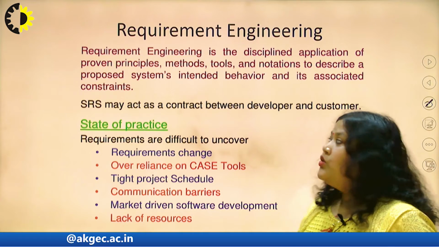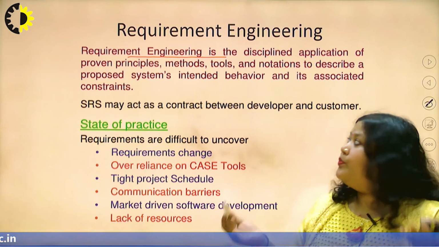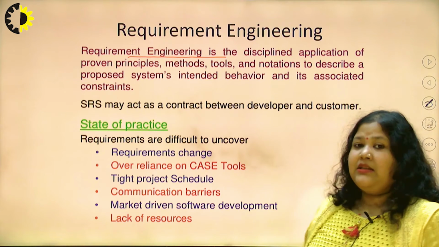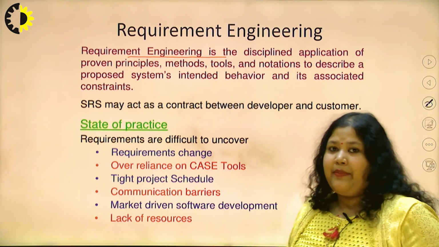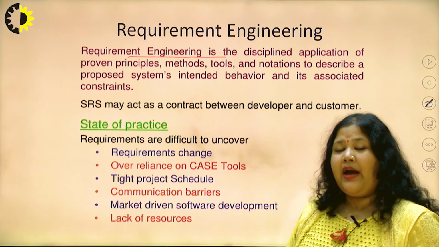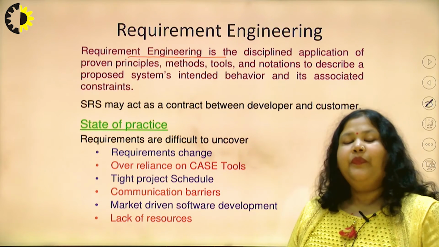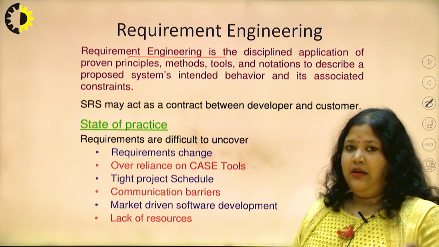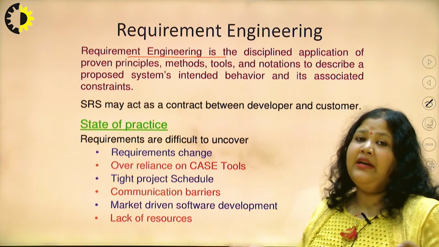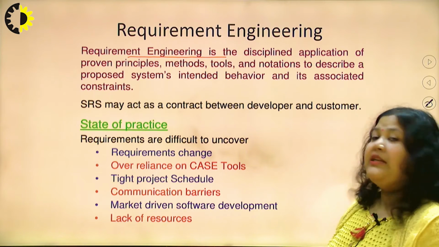Requirement engineering is the disciplined application of principles, methods, and scope of the system, notated for the proposed system, to identify the basic requirements of that particular problem statement. We have to emphasize what the system will do when we collect each and every requirement related to that problem statement. This is the requirement elicitation definition.